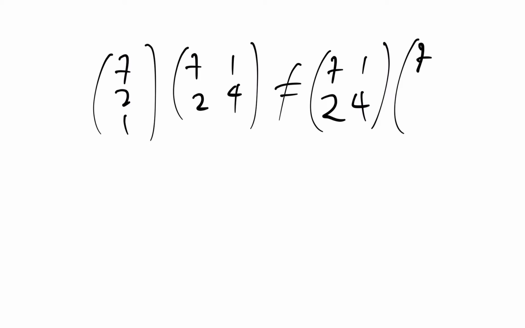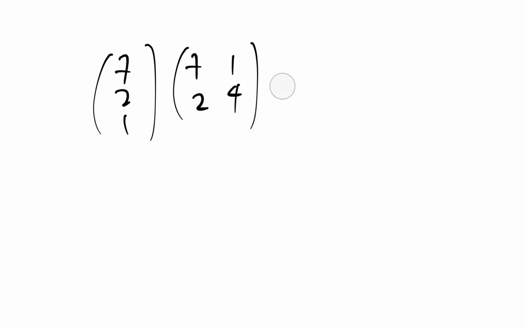So that's 2. This is not the same. Anyway, we'll talk about this going forward. I just want to point that out. So the first matrix now is of order 3 by 1. We have 3 rows and 1 column. Then the second matrix is just a 2 by 2.